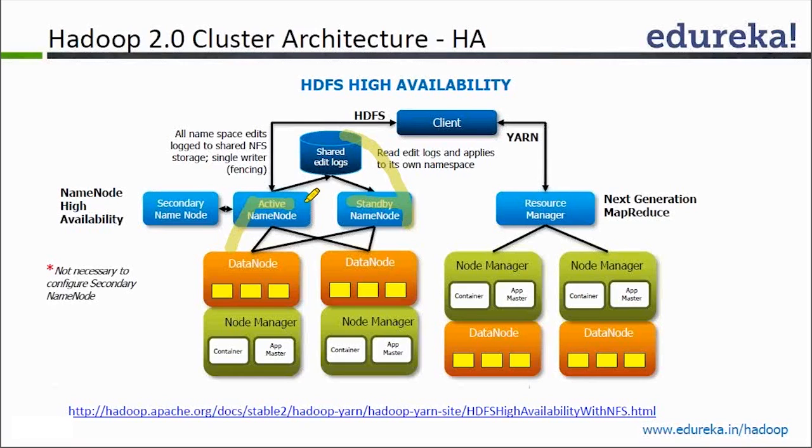With Hadoop itself, and with the normal Linux system or Windows system also, you have this kind of architecture where if one machine goes down, the other machine will immediately take over and start handling everything. How it does that is with the help of something called the shared edit log. Whatever operations the current name node is doing in terms of update, delete, all those steps are handled with the shared edit log.